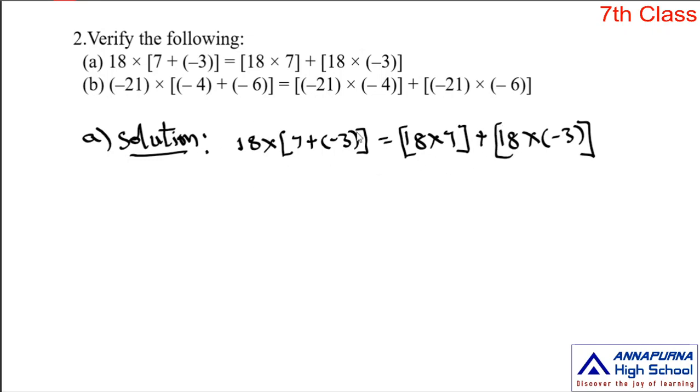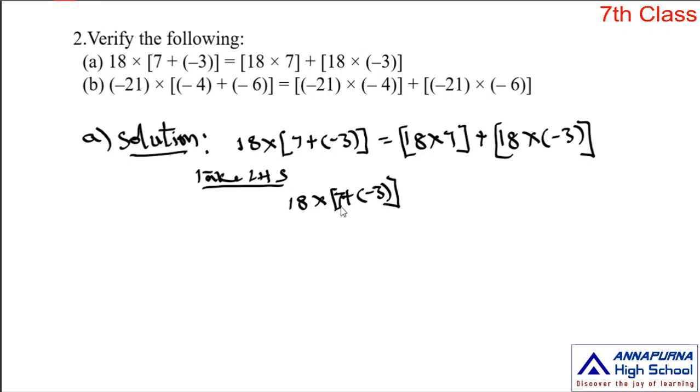If you observe the given problem, this is the distributive property: A into B plus C is equal to A into B plus A into C. We take the two sides, LHS and RHS. Take LHS first: 18 into 7 plus of minus 3.